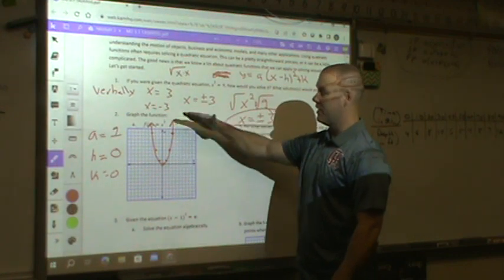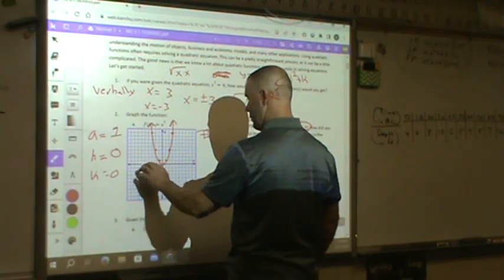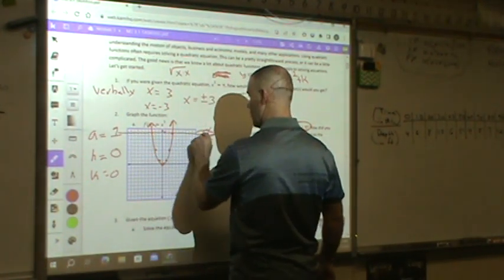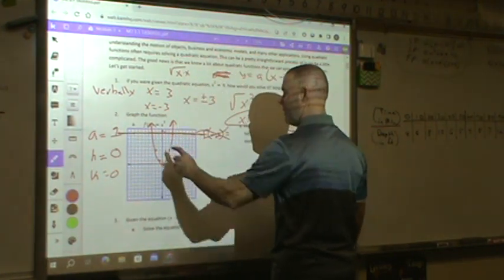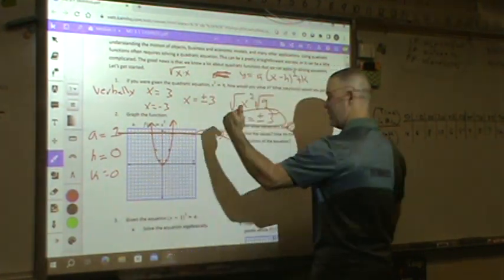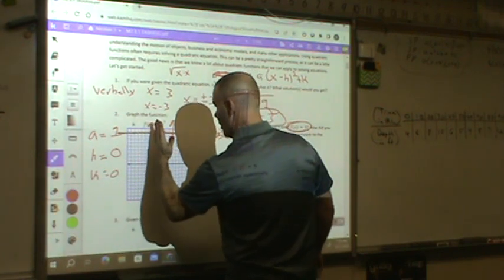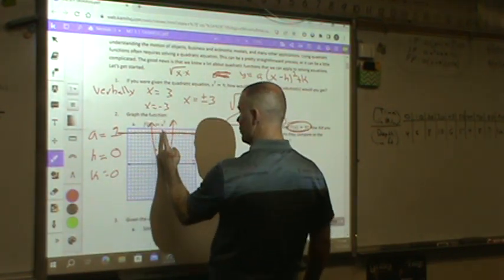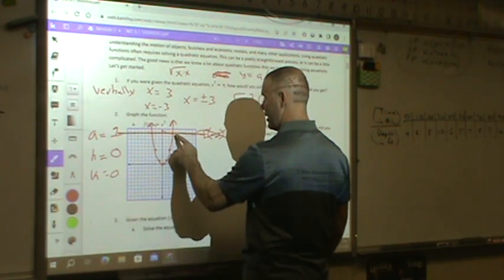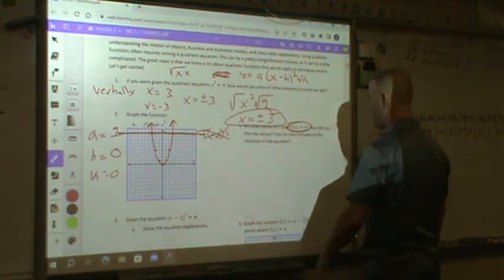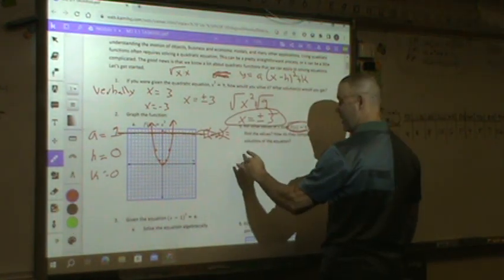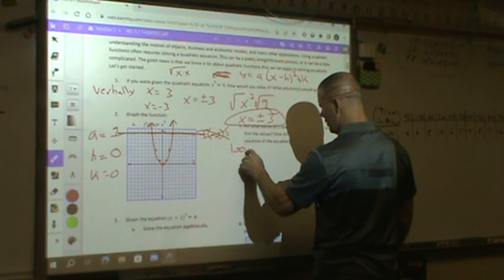Output is a y value. So I'm going to go up to 9 right here. My outputs are 9 right here, which is negative 3, and right here, which is positive 3, which matches that. So how did we find those values? We looked at the graph.